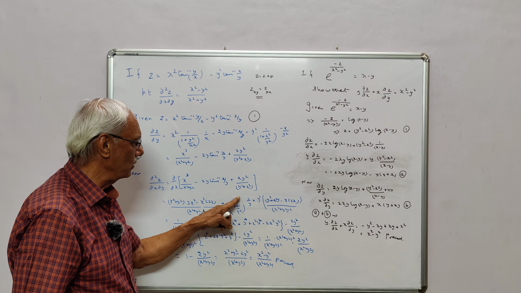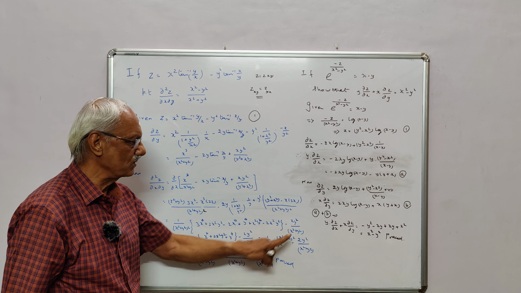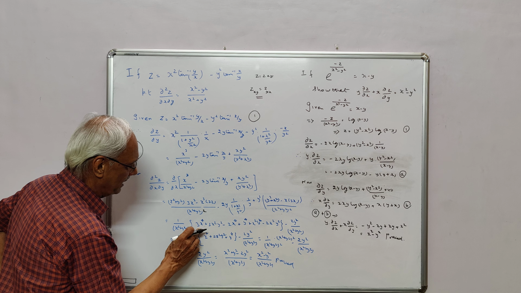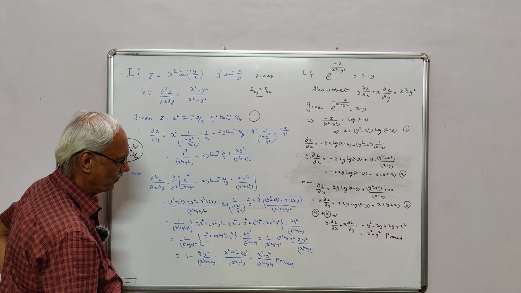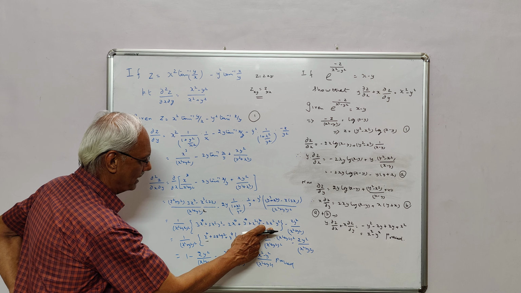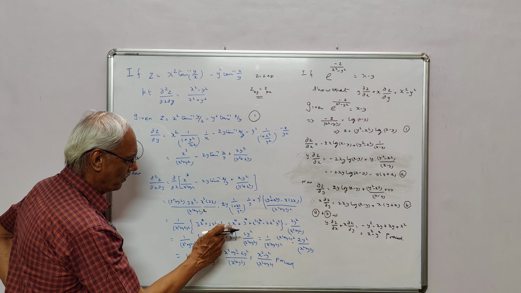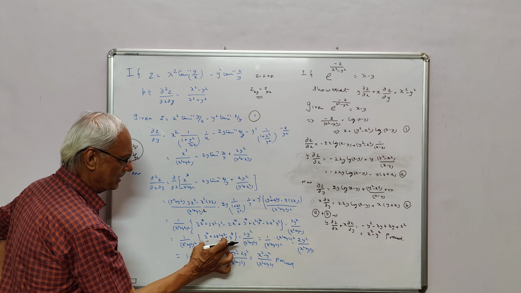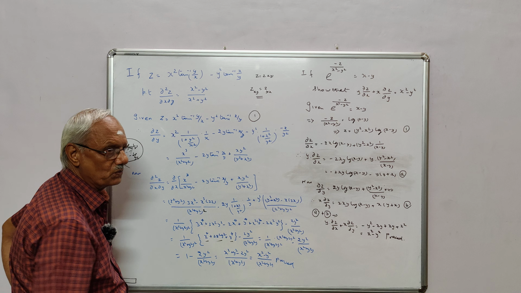This y square will go to the top, this y and this y will go off, giving you minus 2y square divided by x square plus y square. Then I will go for this simplification: 3x to the power of 4 minus 2x to the power of 4 is 1x to the power of 4. 3x square y square minus 2x square y square is 1x square y square, plus x square y square means plus 2x square y square, plus y to the power of 4 is here. I am collecting all this, and rewriting the simplification, minus this 2y square divided by x square plus y square.